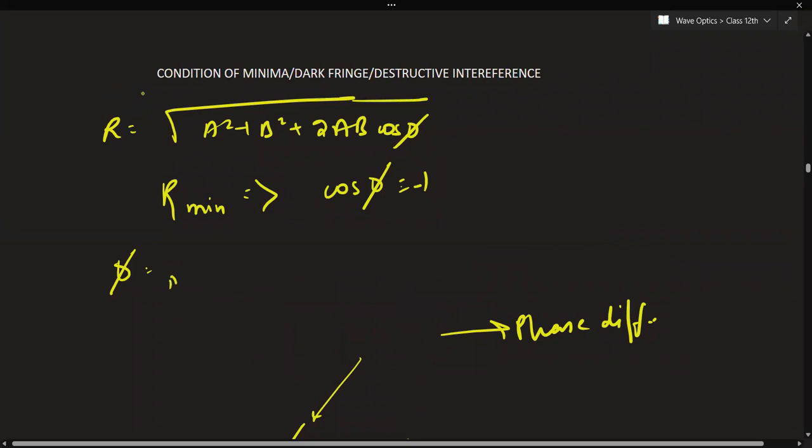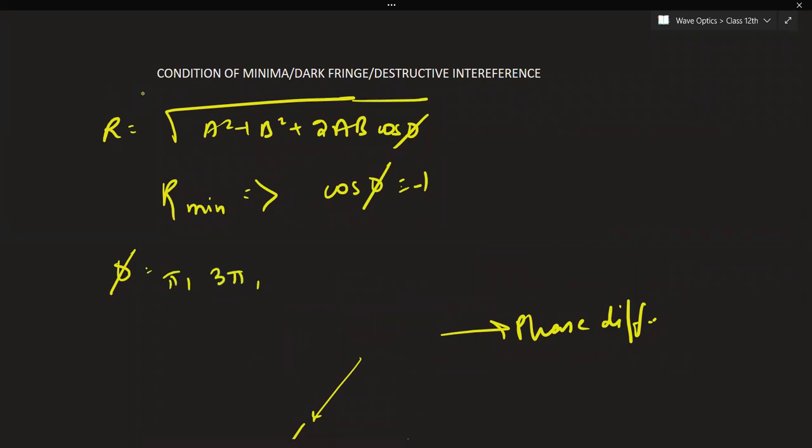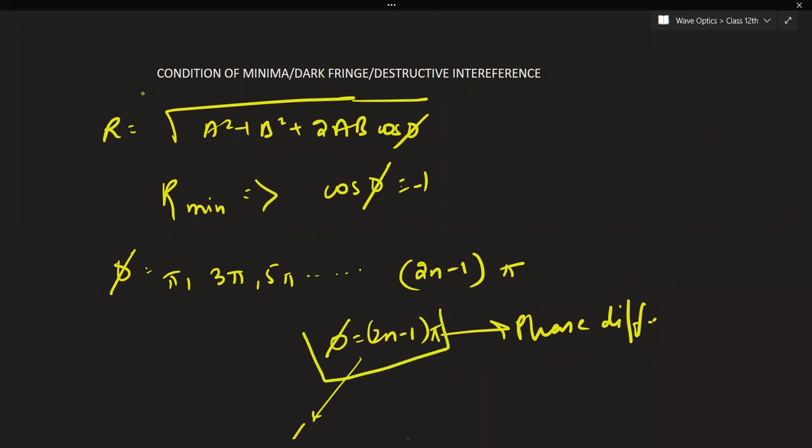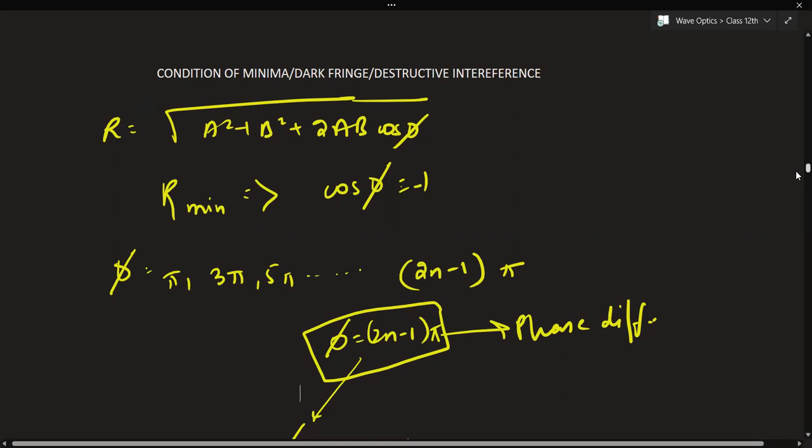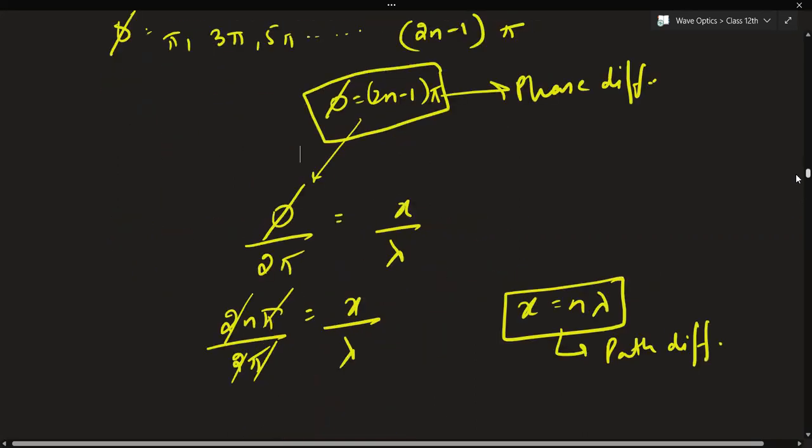So that will be pi, it will be 3 pi, 5 pi, and all the odd multiples, that is 2n minus 1 pi. So phi will be 2n minus 1 pi. This will be the value of the phase difference. Similarly, rest of the things will also change.